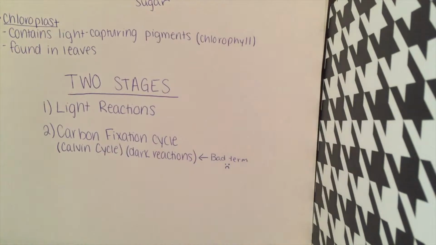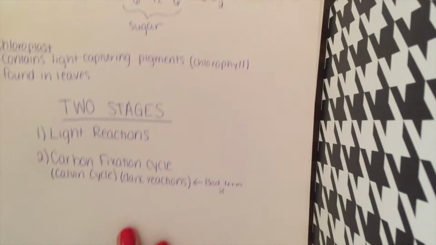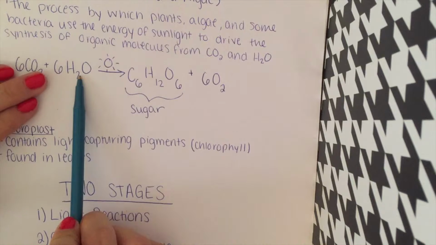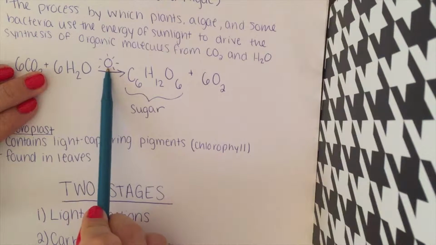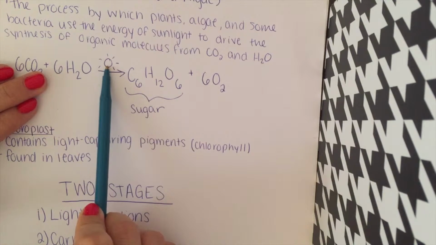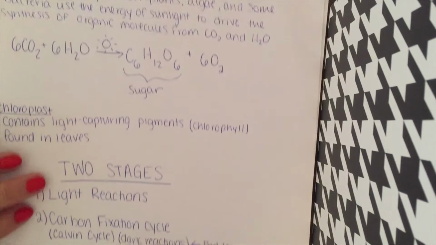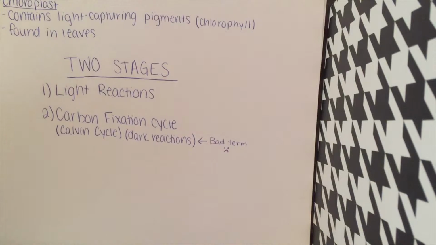So basically, all you have to know is energy from the sun is used to pull low energy electrons from the water. So if we look back up here, we see we have water and we have the sun. So we use the energy from the sun to get electrons from the water. Now let's go deeper into detail on the light reactions.